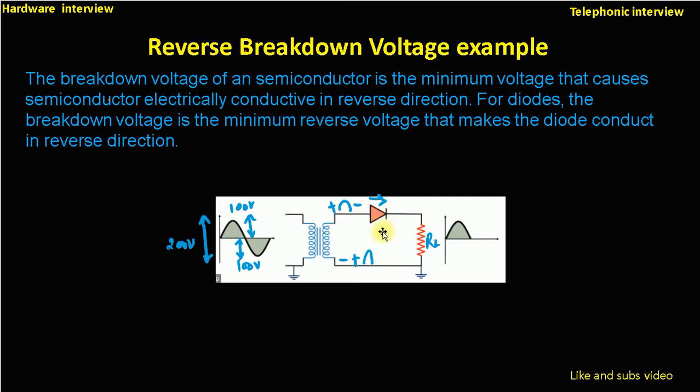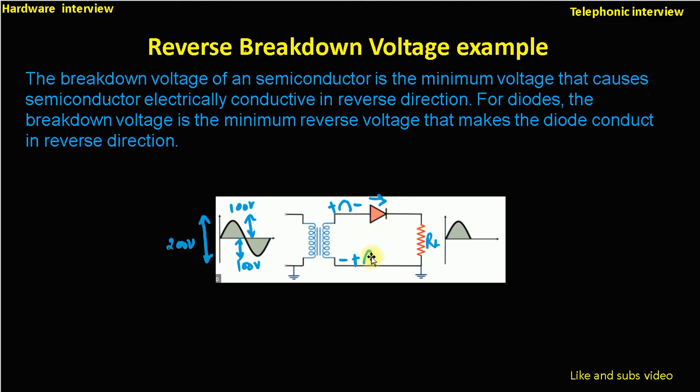So the main thing here is, what is the reverse voltage rating of this diode? If the diode's reverse voltage rating is less than the half cycle of 100 volts, then it may get damaged. It may short or it may open, and the circuit will be damaged.